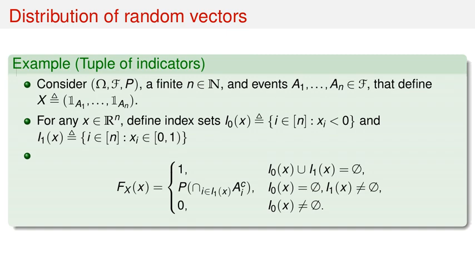For those in the interval 0 to 1, including 0 but not 1, we need the indicator to be 0. And it's 0 if I_0 of x is not empty, meaning at least one x_i is less than 0, so one of the conditions, indicator less than or equal to x_i, cannot be met by an indicator variable.